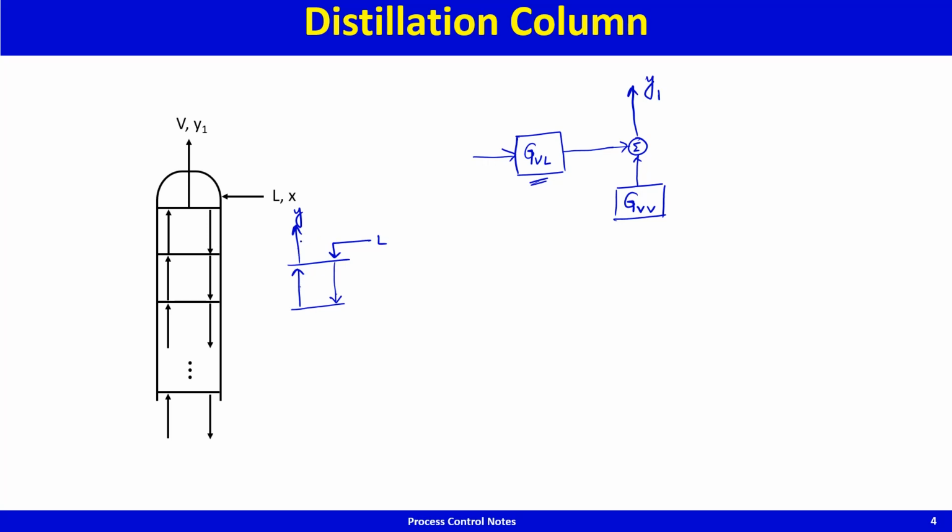You see? So if there is a change in the vapor, there is a corresponding effect on the liquid due to a change in the vapor, on the liquid leaving the tray due to the change in the vapor, not into the tray but leaving the tray. So this is different from that.